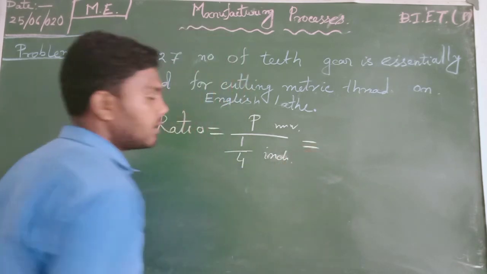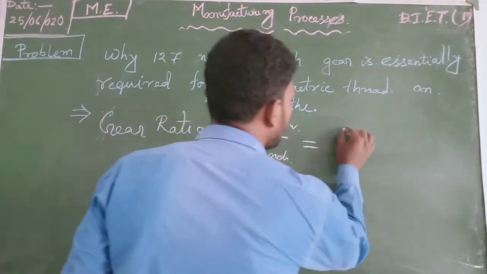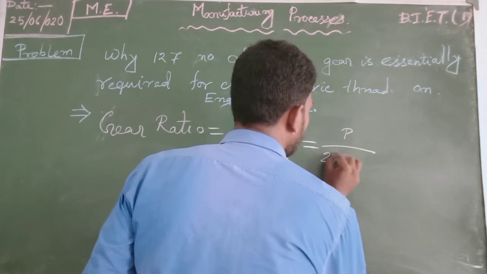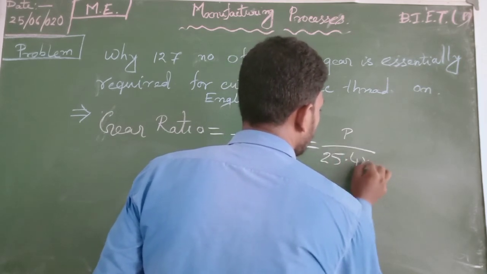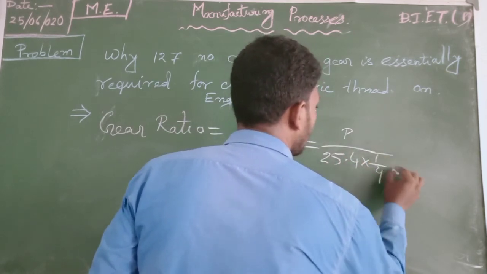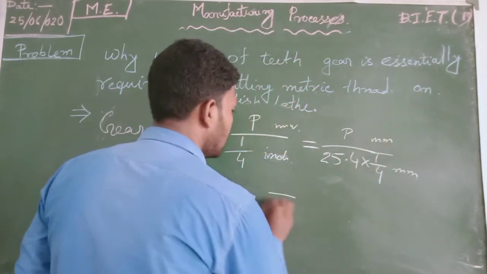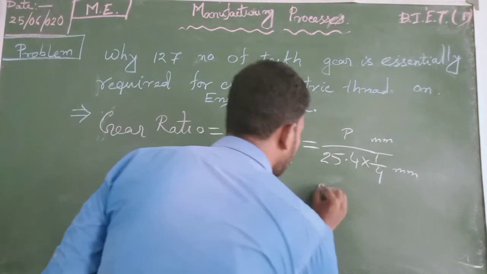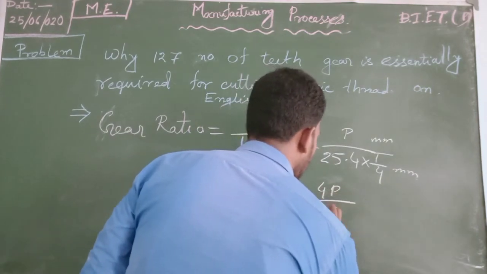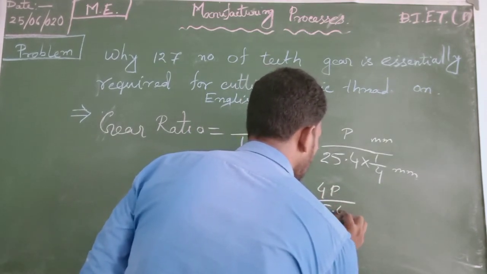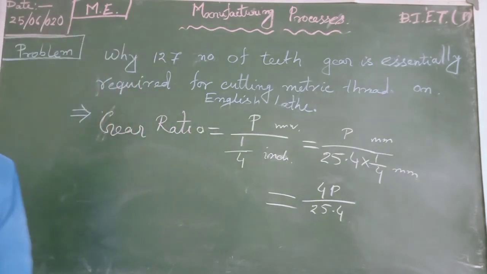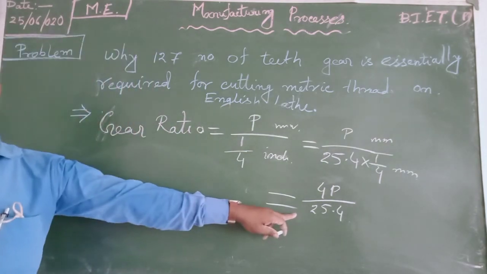We convert the unit inch to millimeter, so P by 25.4 into 1/4. Now calculate this: 4P by 25.4.